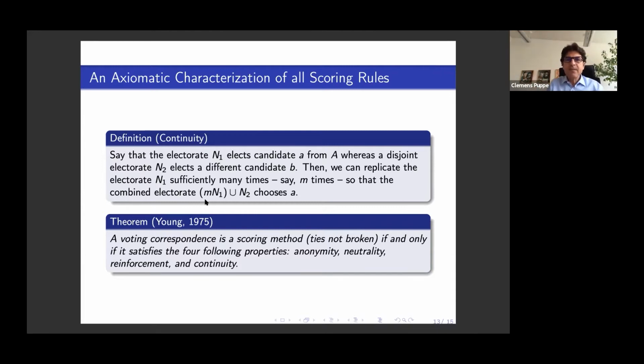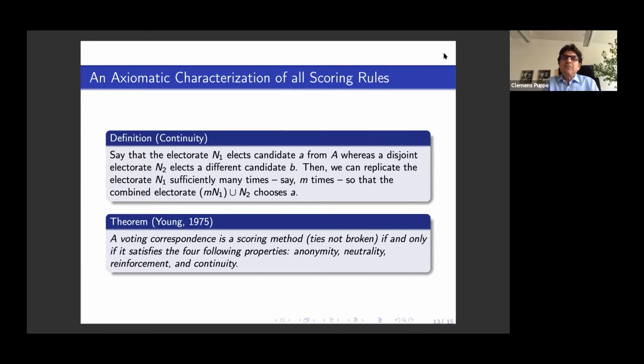So for each voter, I imagine there are M voters of the same type in group N1, but I do not do the same thing for N2. So N2 stays small, but N1 is replicated M times. And then continuity simply says at some point when M is very large, then the voting rule must choose A.